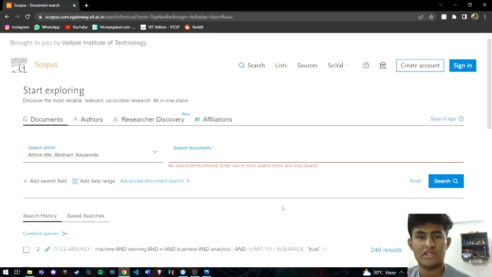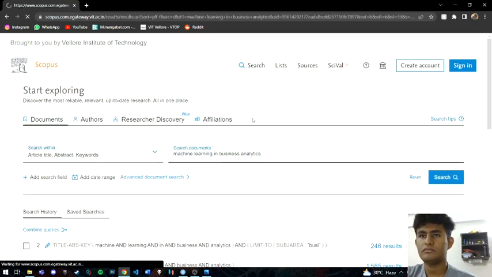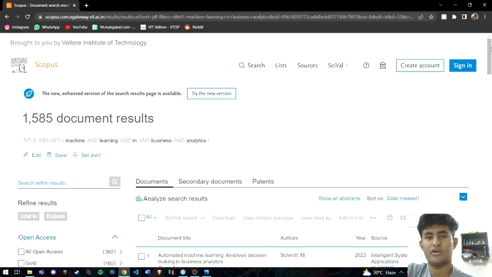We will start by opening the Scopus database and typing machine learning in business analytics into the search bar. This gives us 1585 document results, but to make the data more relevant, we will be taking only those articles that pertain to the subject area of business and management, and the rest would be excluded.